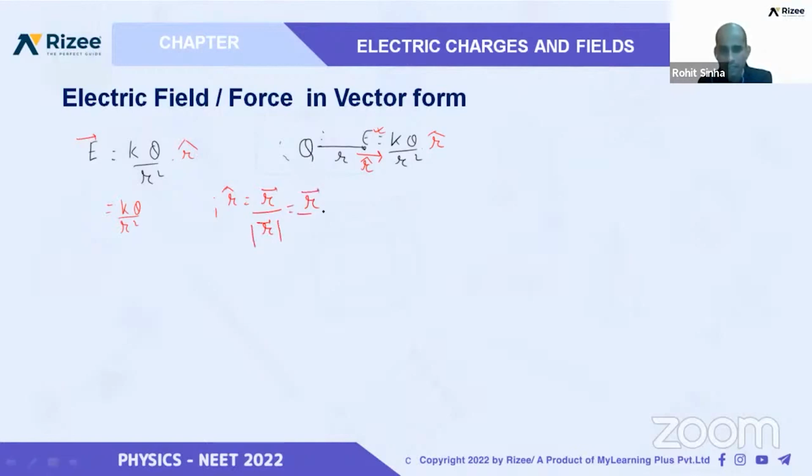So we will replace this r cap by r vector by r. That means we will obtain E is equal to kq by r cube into r vector. This is the electric field in vector form.